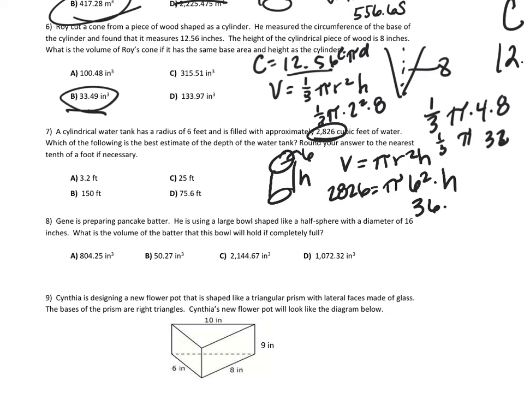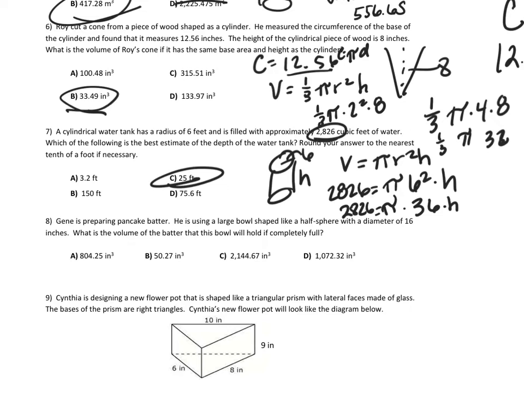So 36 times h times pi is 2826. Okay. So I can divide by 36 pi. So I'm going to do 2826 divided by 36 pi. Okay, and I'm going to get 24.98, which is going to be around 25.